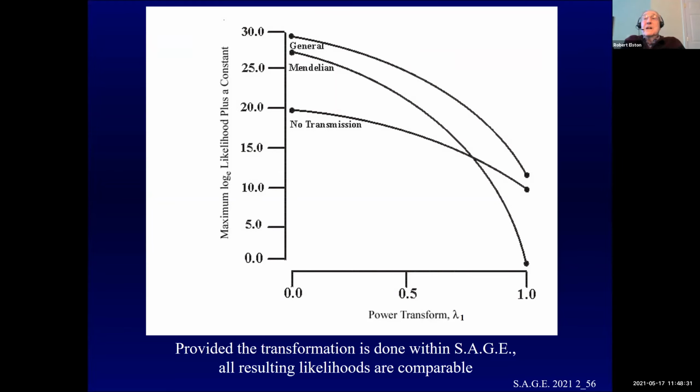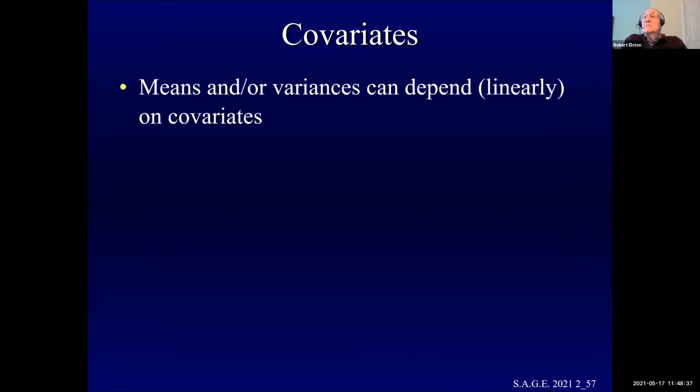So let us consider covariance. In S.A.G.E, all the means and all the variances can depend linearly on covariates. This is always possible.